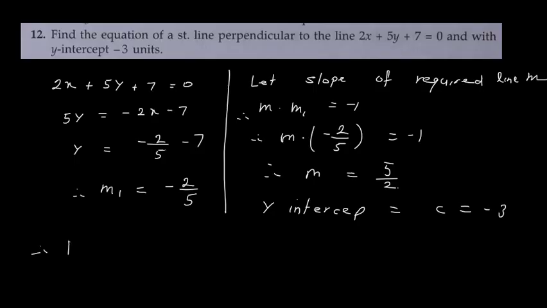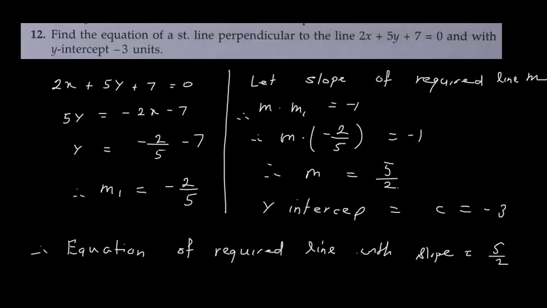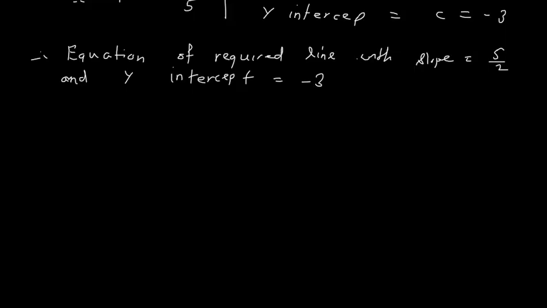So the equation of the required line with slope equal to 5 by 2 and y-intercept equal to minus 3 is y equals mx plus c, that is y equals 5 divided by 2 x minus 3.